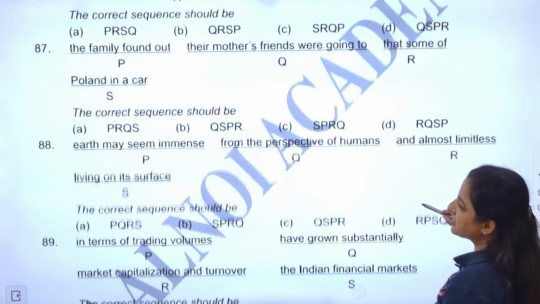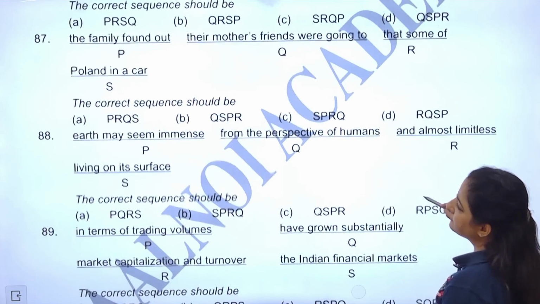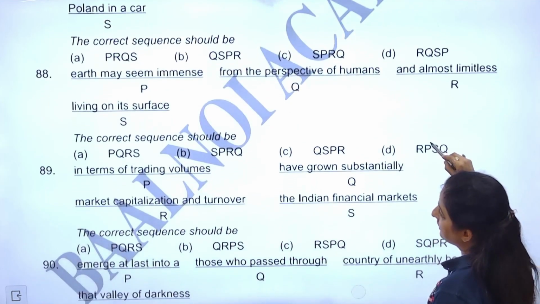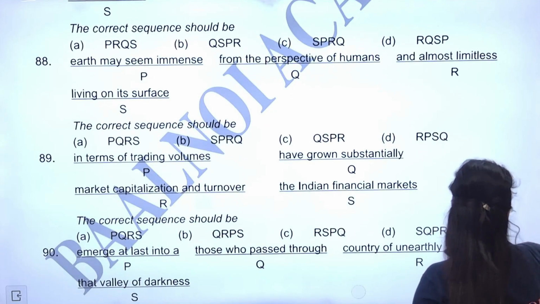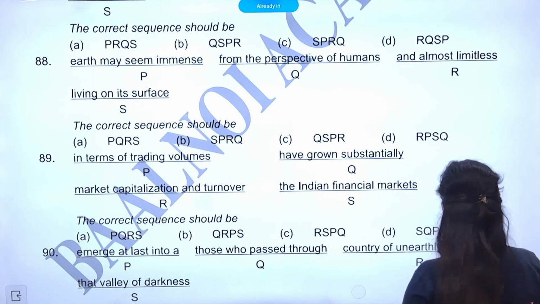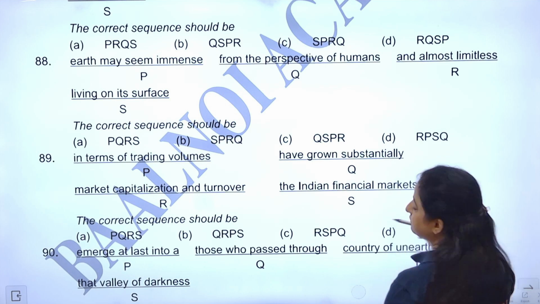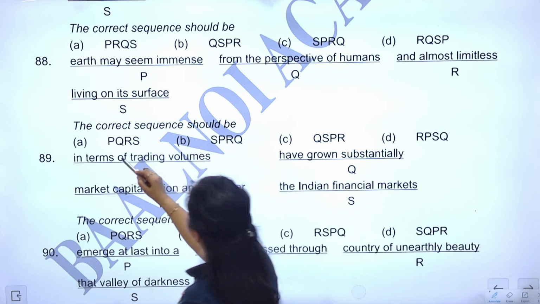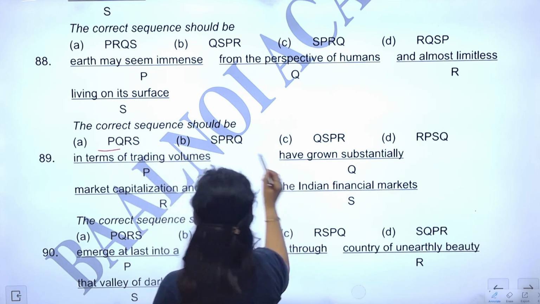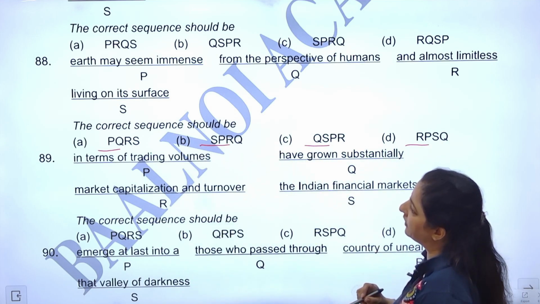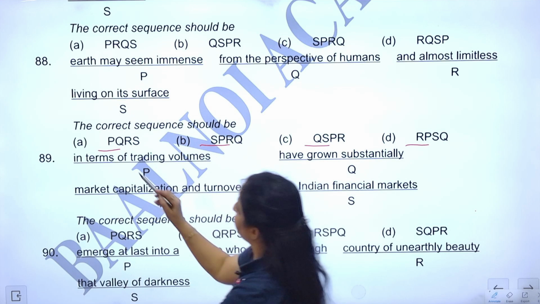We have to do question 88. Let's read the options. Begins with P, begins with S, Q, R. Okay, all four are available. Let's read alpha.